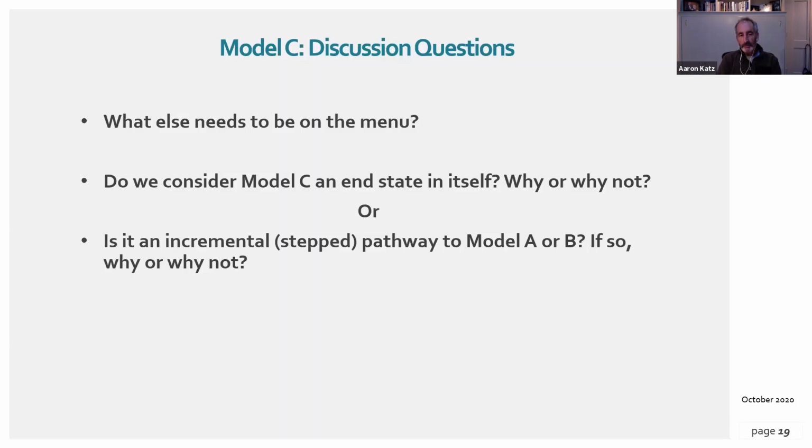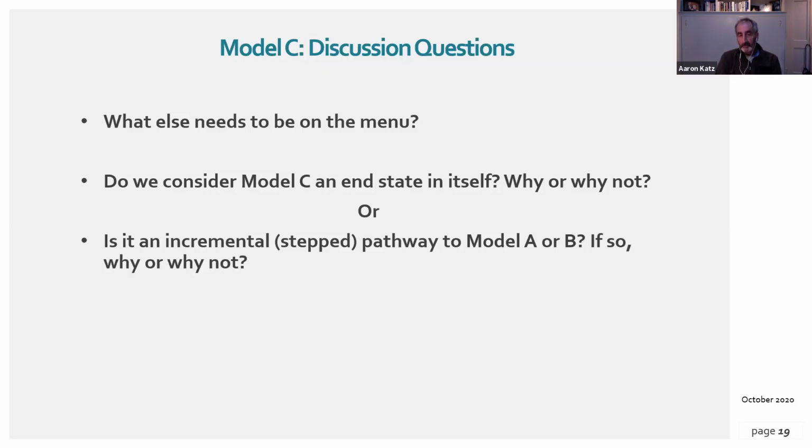But I think we've also heard that there is a strong desire for a reachable goal that some form of Model C can bring us to. And in my experience, the thing that is most difficult to get the legislature to do is to state that and make a commitment to that goal.